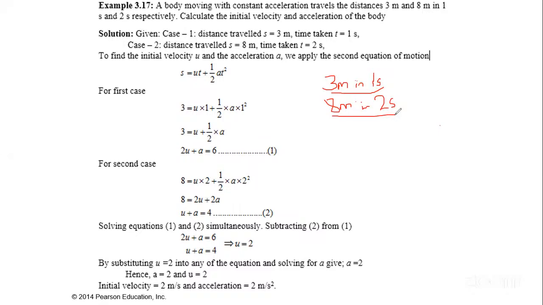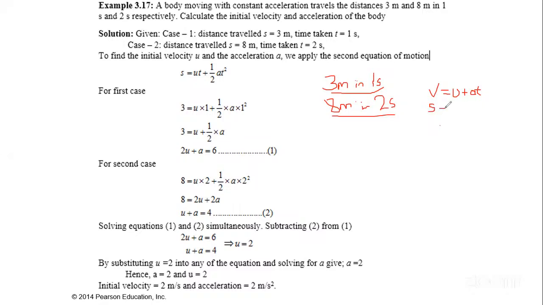In as much as we are asked to find initial velocity and acceleration, any of the equations of motion has 4 parameters. Let's see. V is equal to U plus AT.